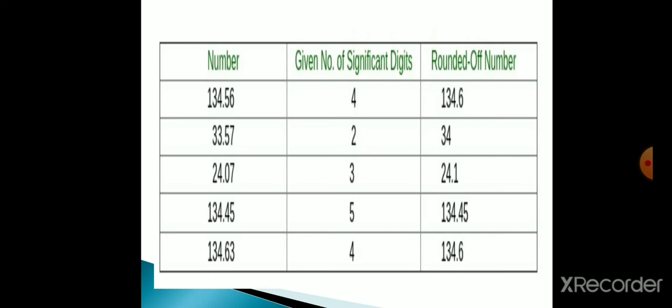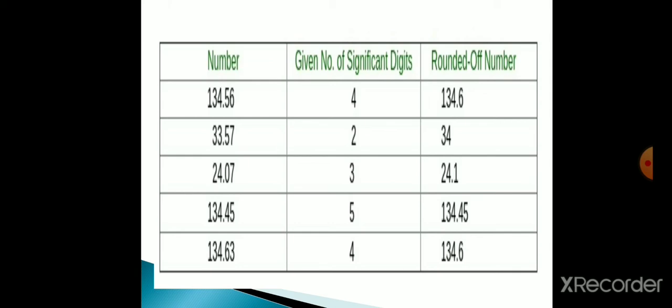So the rounded off number becomes 34. In the example 24.07, which is rounded off to 3 significant figures, the dropping digit is 7, which is greater than 5. So we have to add 1 to the previous digit. So the rounded off number is 24.1.